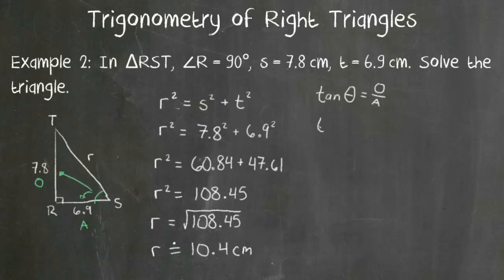Then I sub in what I know, so the tangent of angle S is going to equal 7.8 over 6.9. So angle S is going to equal the inverse tangent. Again, we use that second function with our tangent of 7.8 over 6.9.